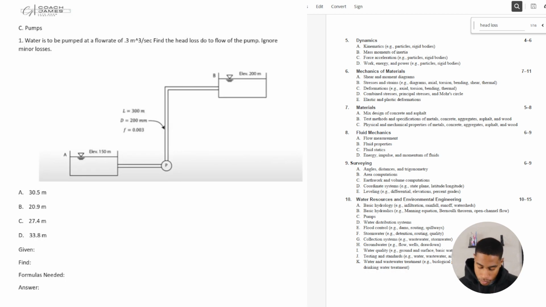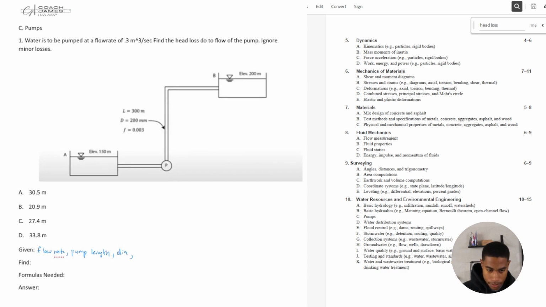So let's take a look at this. What information are we given? All right, start with the given information. Well, they give us the flow rate of the pump. They give us the length of the pipe. They also give us the diameter of the pipe.